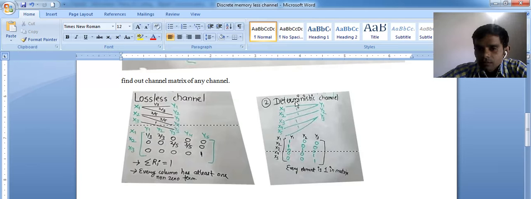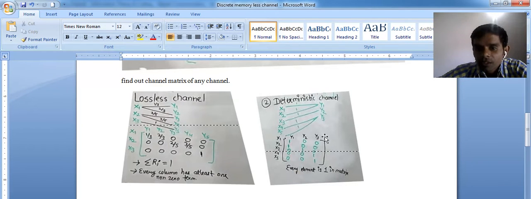Every relation is shown by 1. So y1 depends on x1 and x2, so the value is 1 and 1 over here. Y2 depends only on x3, so the value is 1 here.